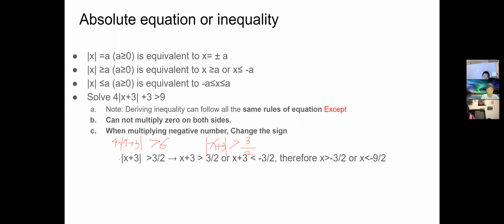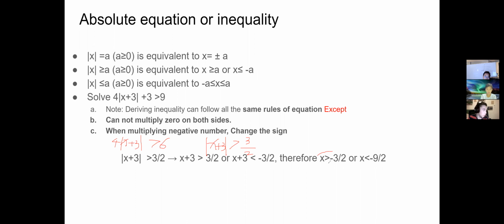So now we have an absolute value that is greater than something, so we should use this formula here, right? It means either x plus 3 must be greater than 3/2, or x plus 3 must be less than negative 3/2. For the first one, you subtract 3 on both sides, so x is greater than negative 3/2.